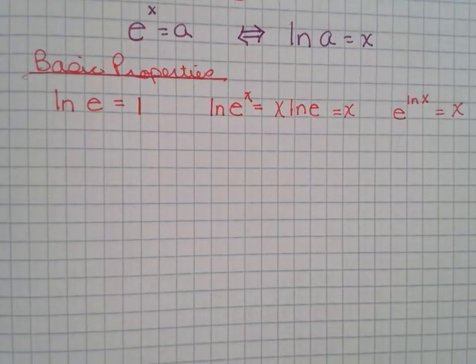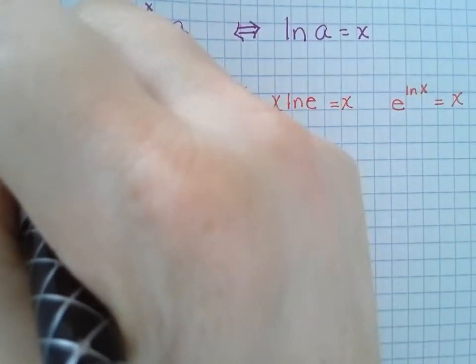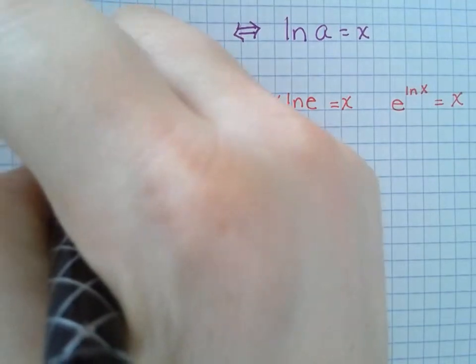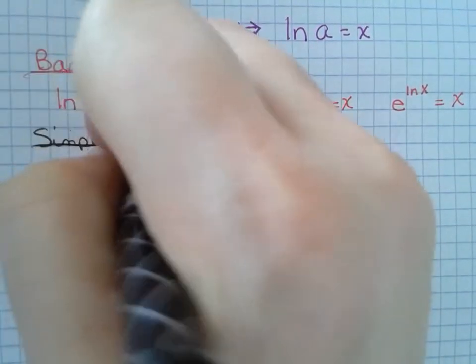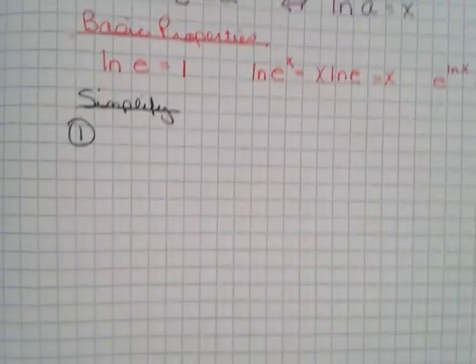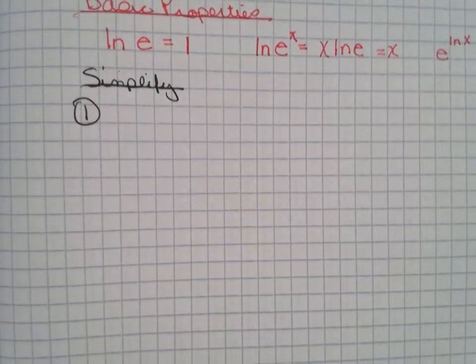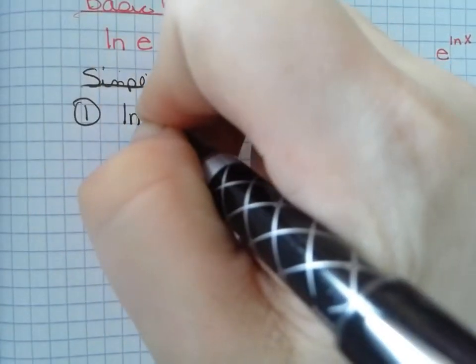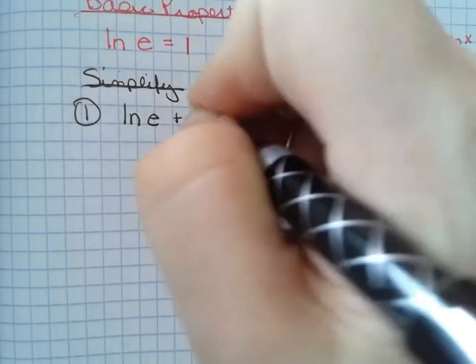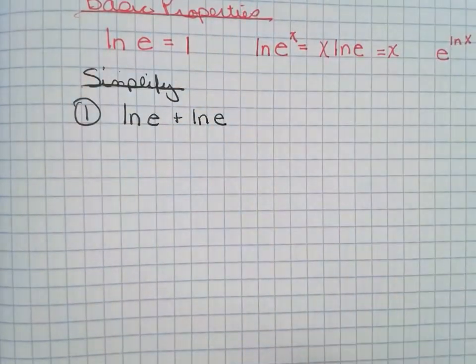Okay, here we go. Example 1. We want to simplify. One of the reasons I like math is because there's a lot of different ways to do it. So I'm going to show you one way. That doesn't mean that's the only way.